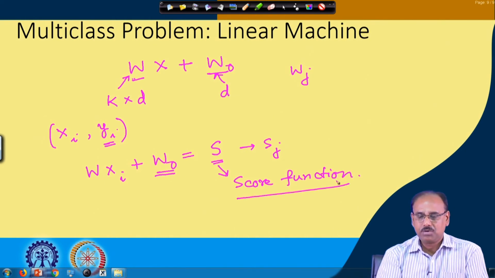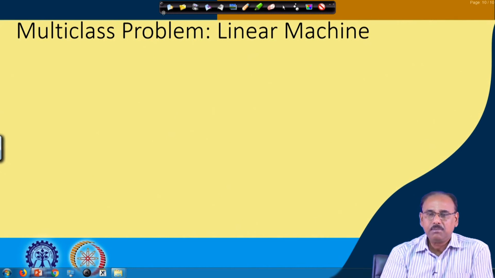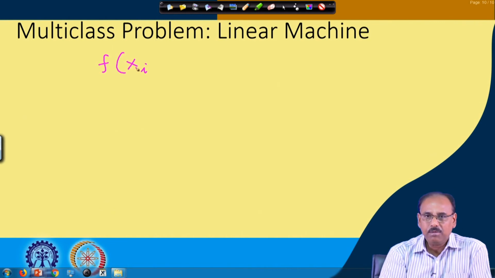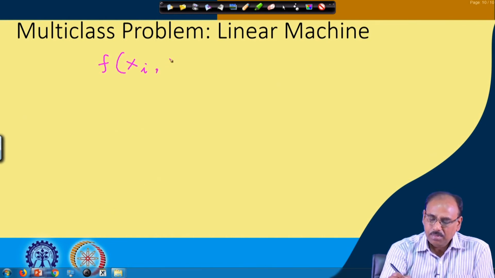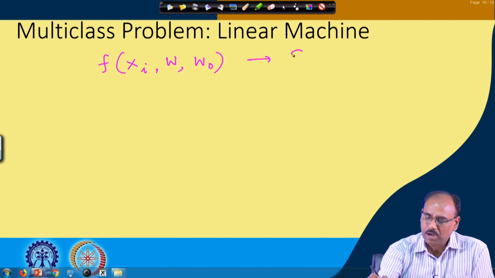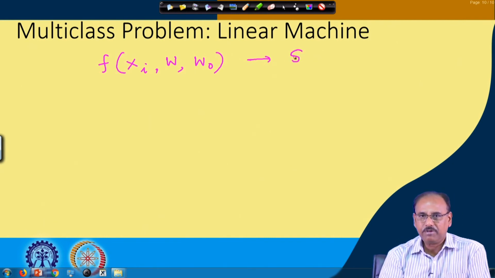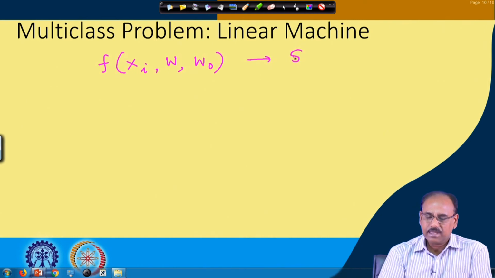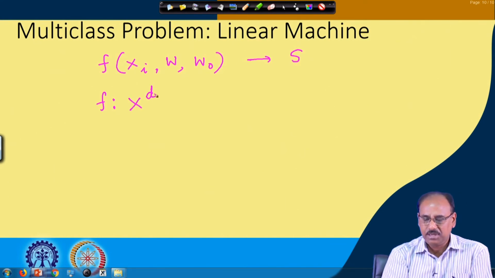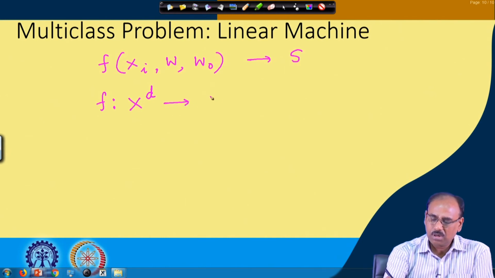So, what is this linear machine doing? The linear machine is nothing but a function f which operates on an input vector x I. The parameters of the linear machine are W and W naught, and this gives you a score function S, a k-dimensional vector. So, this operation is a mapping which maps my d-dimensional feature vector x into a score which is of dimension k.